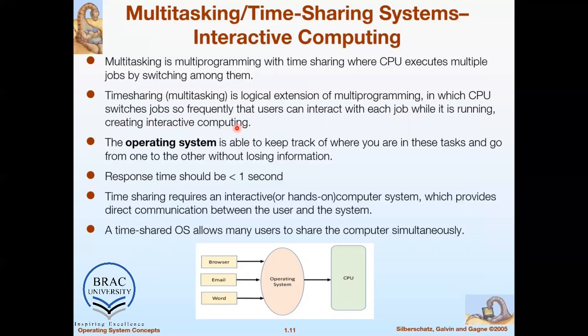Here, the user can actually interact with the program even while it is running, because the switching between the jobs is very fast in the system. The operating system is able to keep track of where you are in this task and go from one to another without losing information. This point is also not present in multi-programming system.